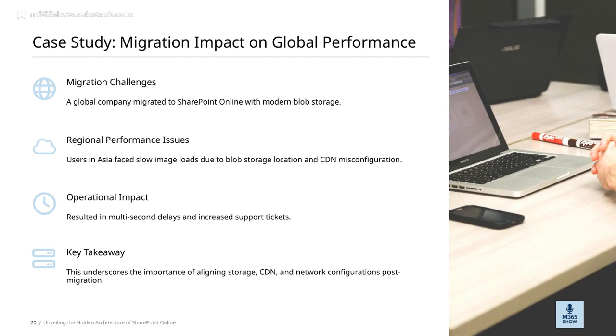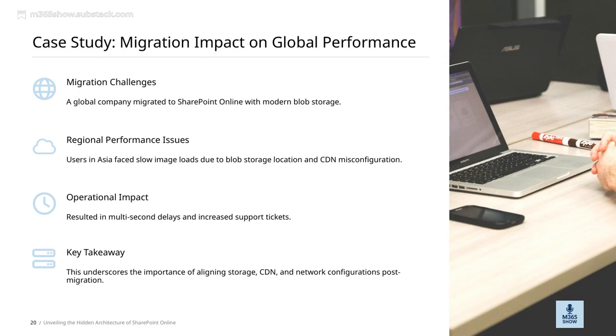If these elements aren't correctly set up, it can lead to significant delays and increased support tickets, which ultimately affect user experience. For instance, in our case study, users in Asia experienced slow image loads. This was mainly due to blob storage being located far from their region and misconfigurations in the CDN setup.